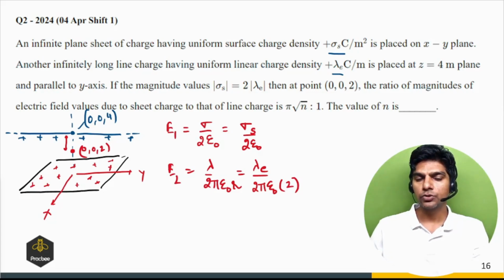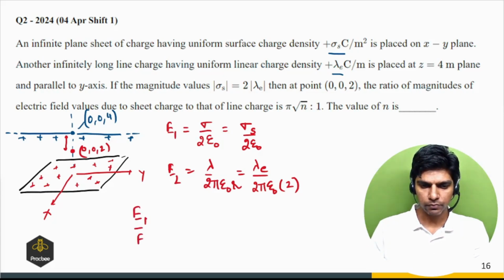And we have to find the ratio of the electric field. So E1 by E2 will be given as sigma s upon 2 epsilon naught times 4 pi epsilon naught upon lambda e. Let us cancel the common factors.